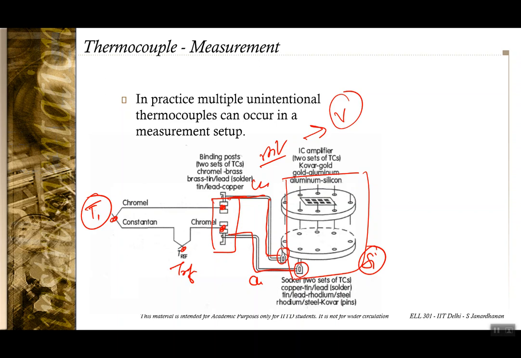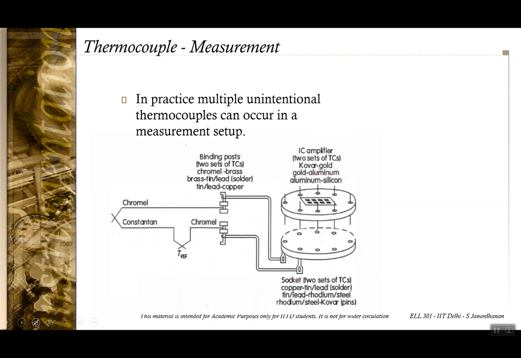Now what is happening here is that we had originally assumed that there are only two junctions where dissimilar metals are being joined and which are kept at some temperature. Now we see that there are more junctions being formed here.